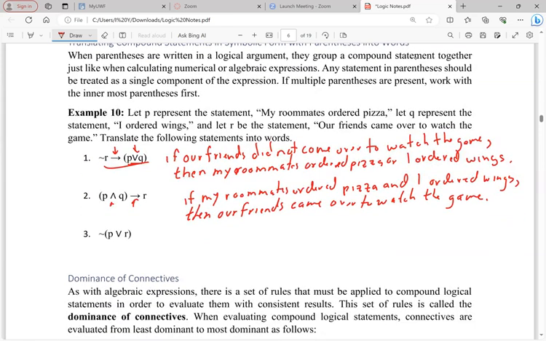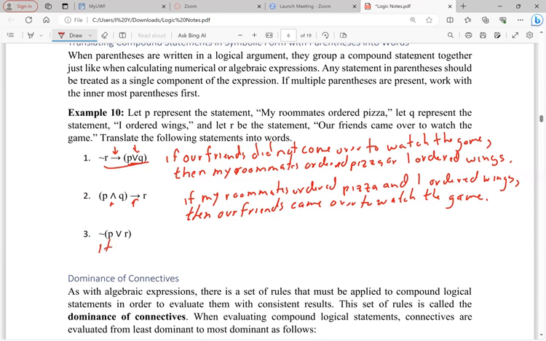And our last statement is the negation of P or Q. So we can start with something like this.